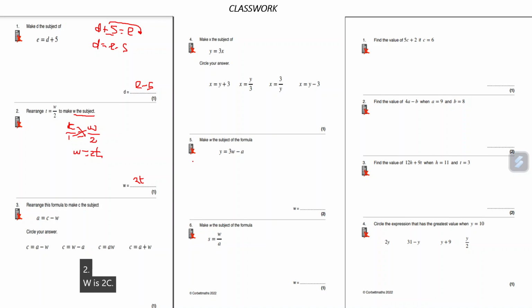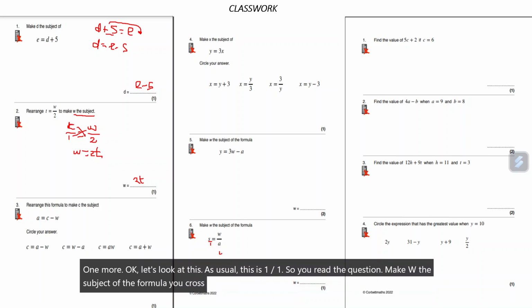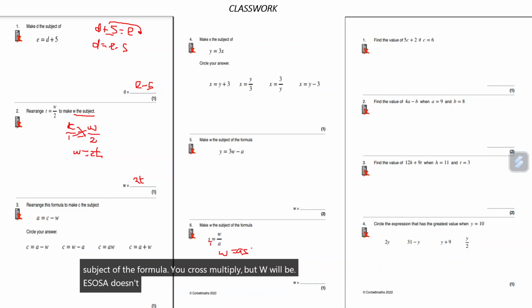Let's have one more. As usual, this is 1 over 1. You read the question, make W the subject of the formula. You cross multiply. Your W will be AS or SA. It doesn't matter, the answer is the same.